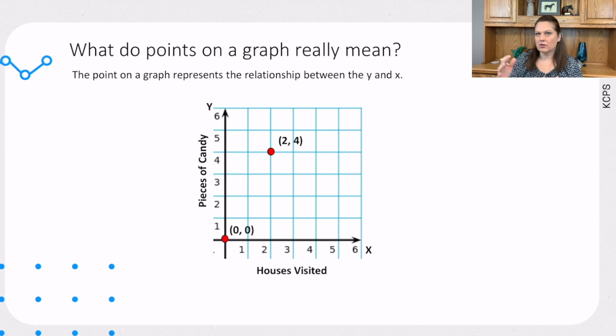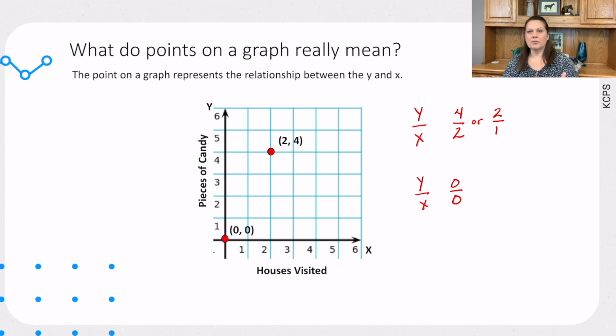You'll notice I still have my other fraction or ratio up here: 4 over 2 or 2 over 1 from my first example. And now we're going to do our 0, 0. Remember that division line means per, so 0 pieces of candy per 0 houses.